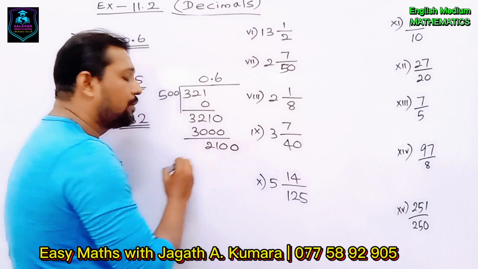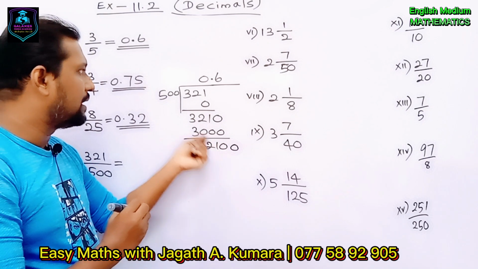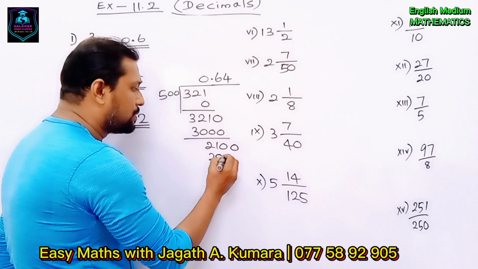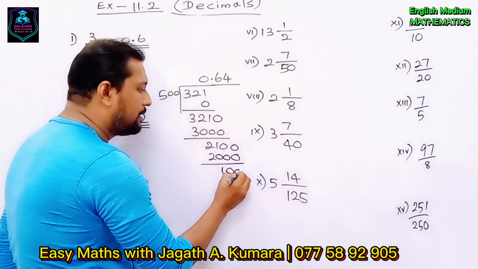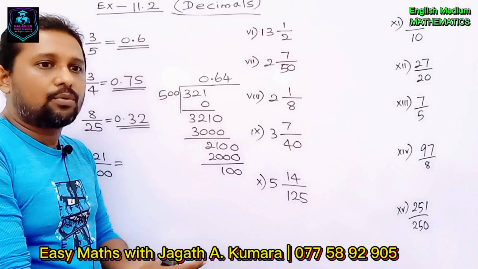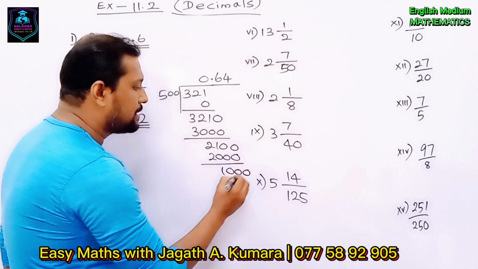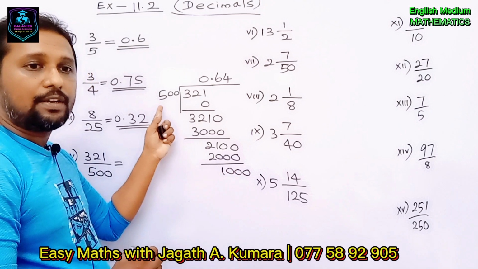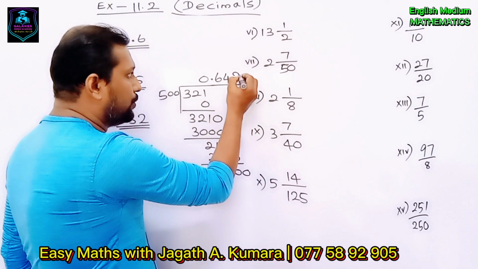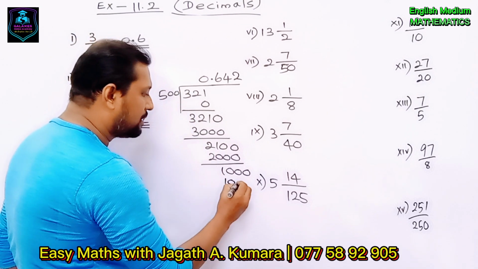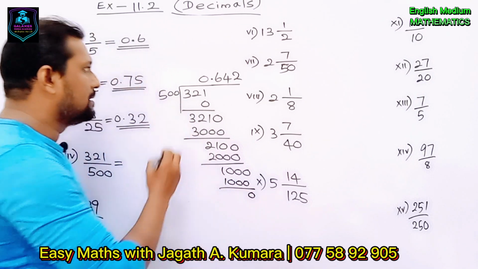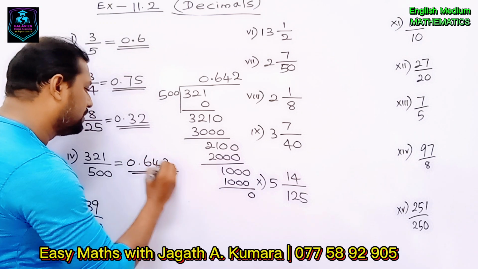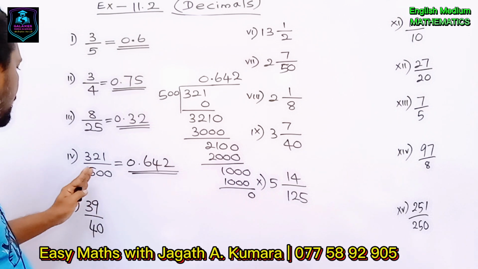Then another 0 you can put here. 2100 divided by 500. 4. 4 times 500, 2000. Then another 100 remaining, so further you have to divide. So another 0 you can put here. Then 1000 divided by 500. 2 times 500, 1000. So what is the answer? 0.642. It is the answer for the fourth part.